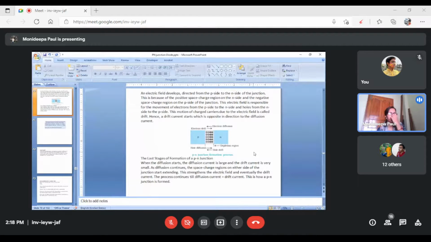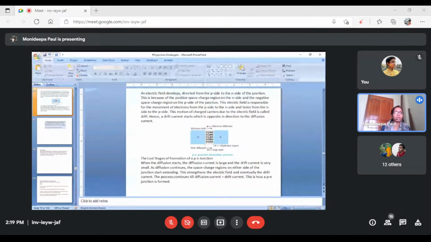After a certain time, a potential difference is created at the junction point due to the accumulation of positive charge and negative charge ions. Then drift current starts. At the starting, when the potential difference is created at the junction point, then drift current starts. When drift current starts, at that time also diffusion current is greater than drift current.